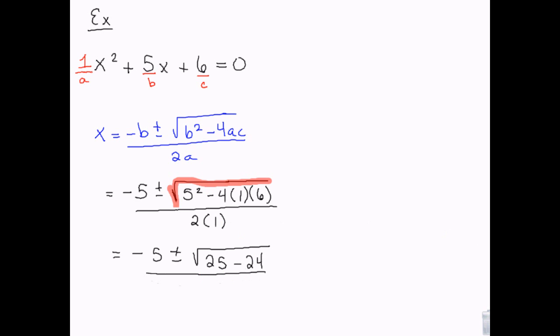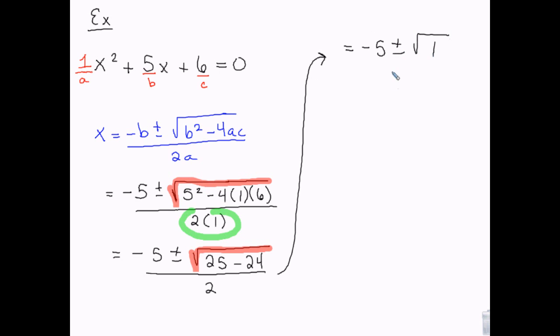I tend to also at the same time go ahead and multiply that because it's separate, so I can do that without messing anything up. So 2 times 1 is 2. We're still going to be working under the radical. Okay, I'm going to come up here so I have room. 25 minus 24 is 1, divided by 2.